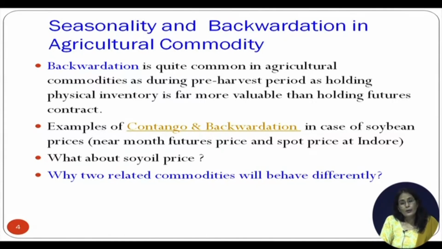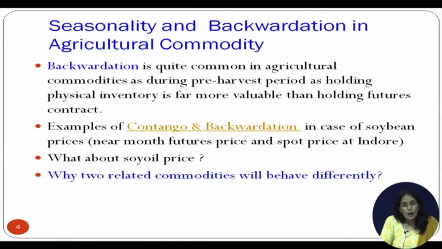And which is a backwardation market? A backwardation market is a market where the reverse happens, that is, spot price is greater than M1, M1 is greater than M2, and M2 could be greater than M3, so on and so forth.